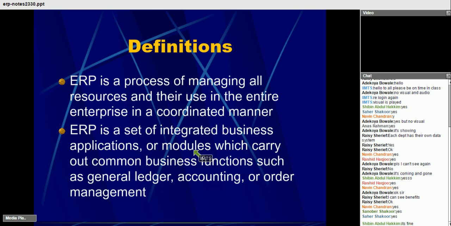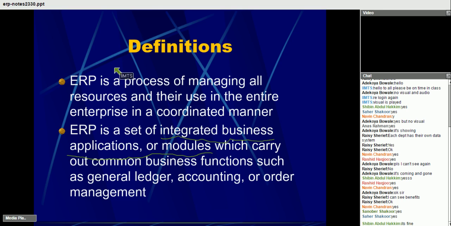ERP is a set of integrated business applications or modules which carry out common business functions such as general ledger, accounting, or order management. So what is the important term here? It basically integrates business applications, like we have seen in the video, that integrates all the respective departments.